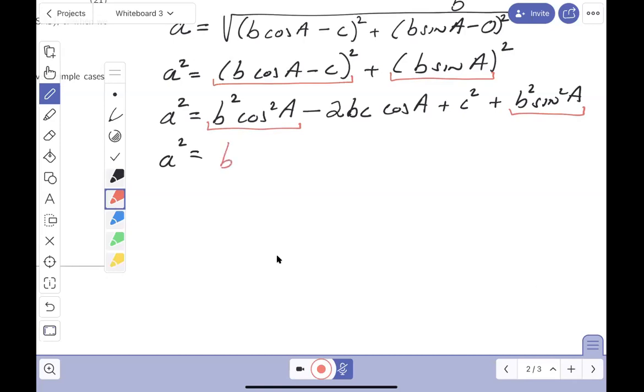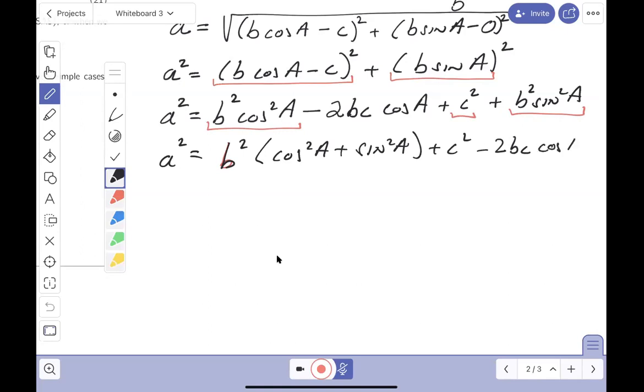So you get b squared times cosine squared A plus sine squared A, plus c squared, that's that guy right there, minus 2bc cosine of A. What do we have here? a squared equals b squared. I hope you realize that cosine squared A plus sine squared A is 1, plus c squared minus 2bc cosine of A.